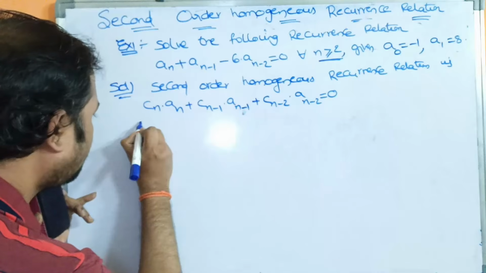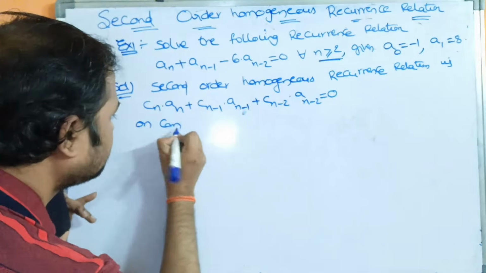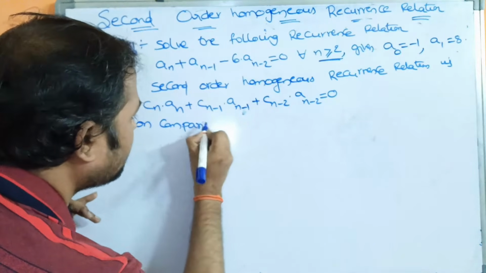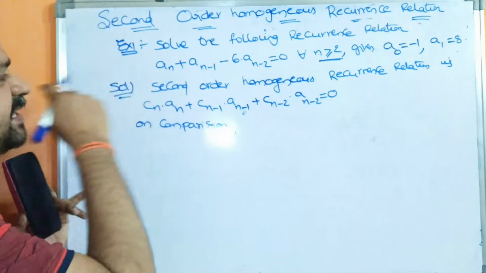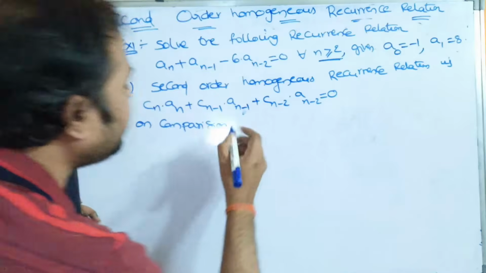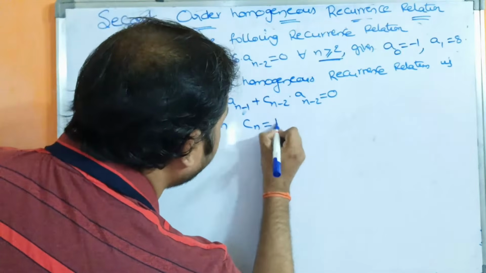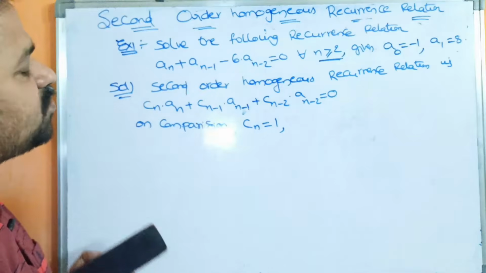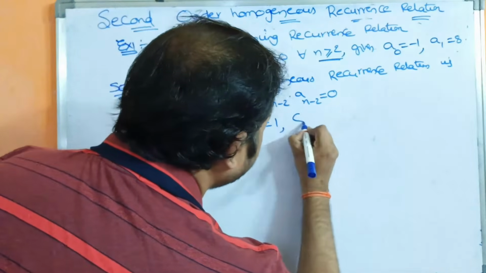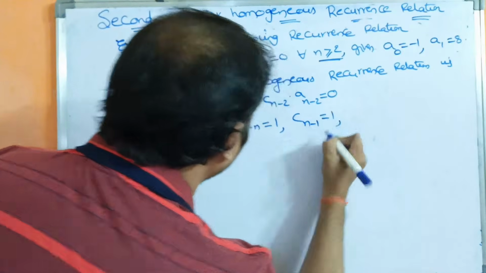On comparison, an can be written as 1 into an. So Cn is equal to 1. Next, an minus 1 can be written as 1 into an minus 1. So Cn minus 1 is equal to 1.